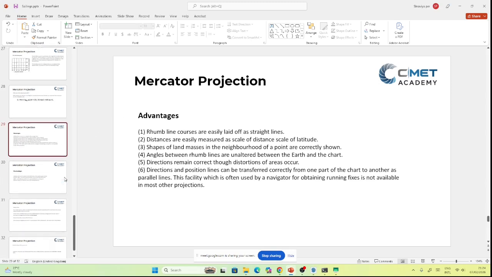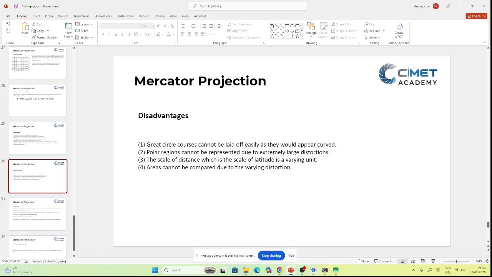Okay, right. So what are the disadvantages? The disadvantage is that great circles cannot be laid off in the Mercator chart because they will appear as curved courses. They are not going to be straight lines. Then number 2, polar regions cannot be represented due to extremely large distortions.